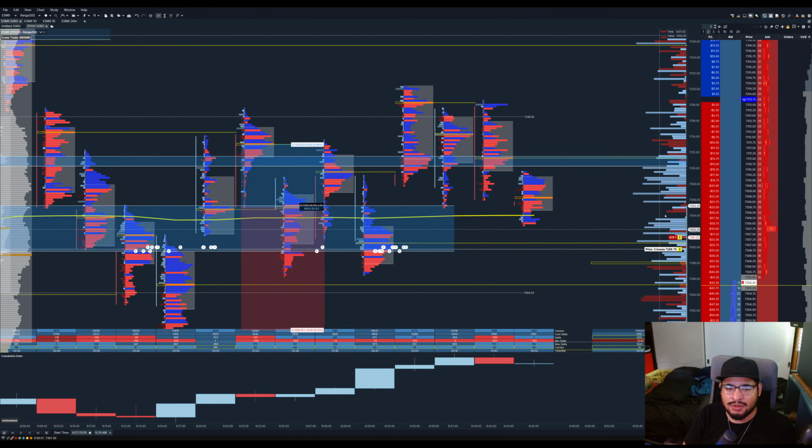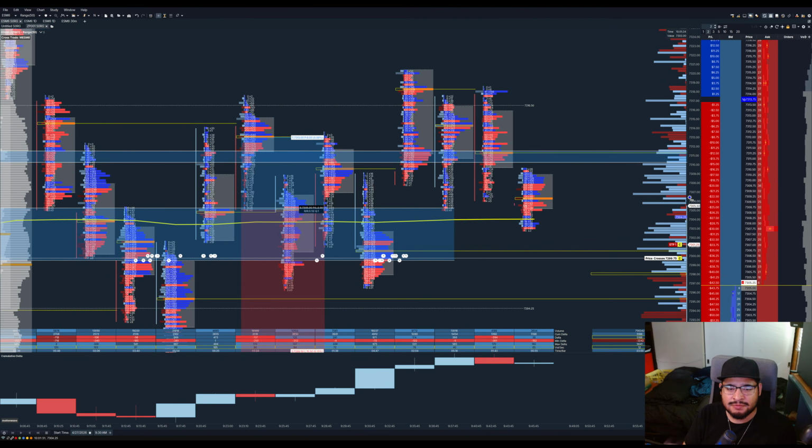Moved it a little lower, below the stack of positive delta.